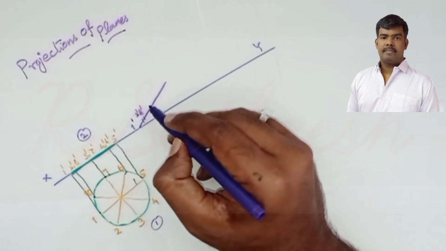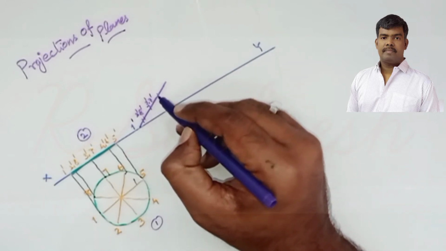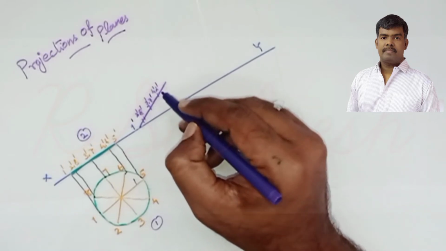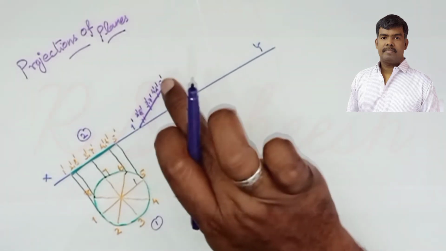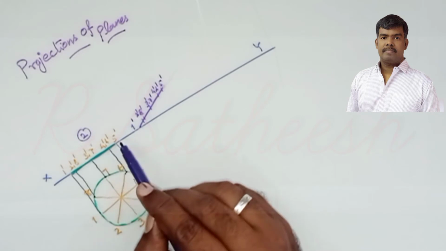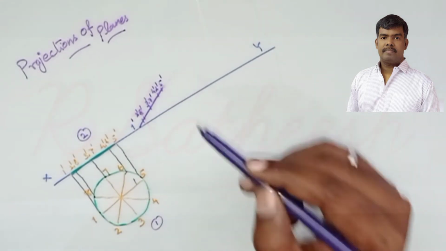Next one is 3 dash, 7 dash. Now this one is 4 dash, 6 dash, and that one is 5 dash. Clear? So same 1 dash to 5 dash is the diameter, 50. So 1 to 5 is 50, same 1 to 5 is 50.